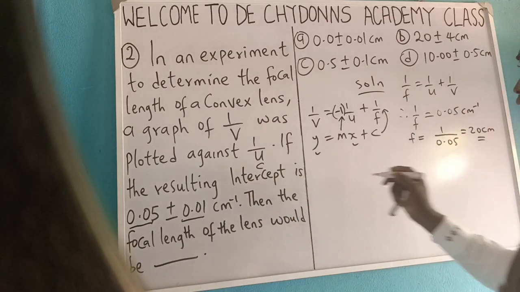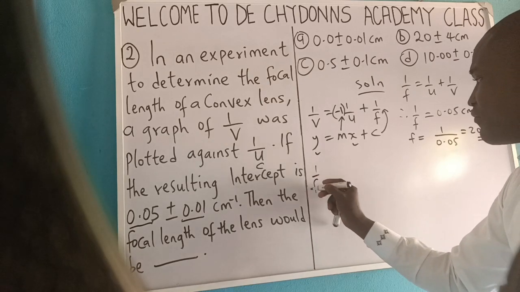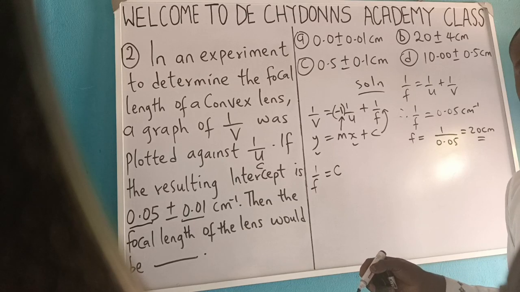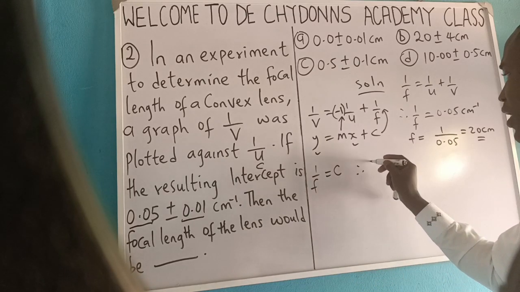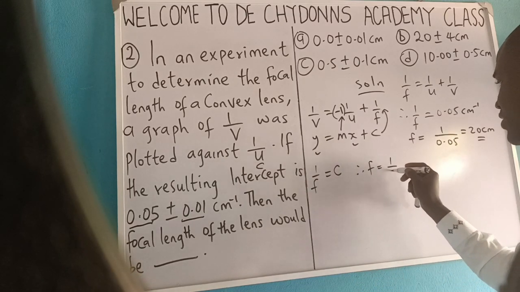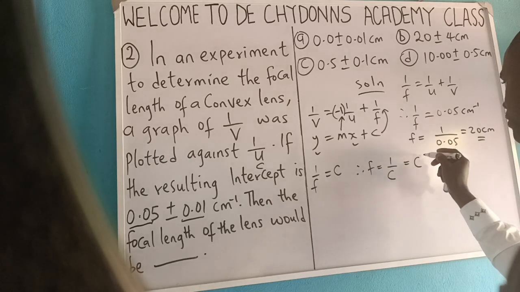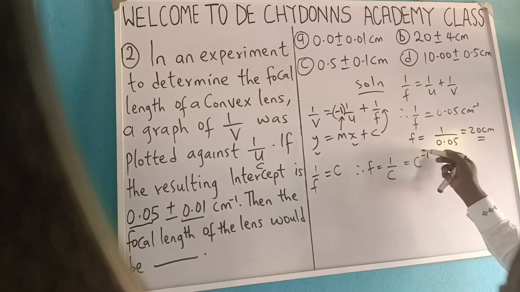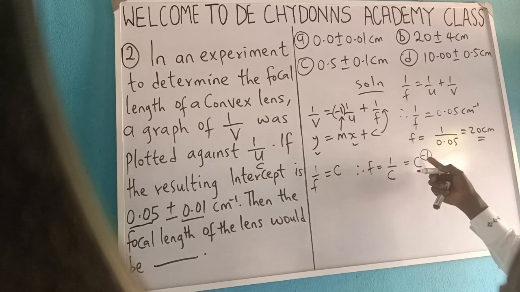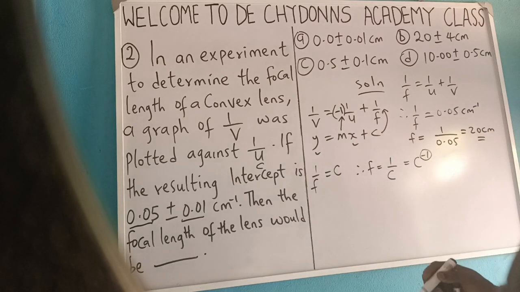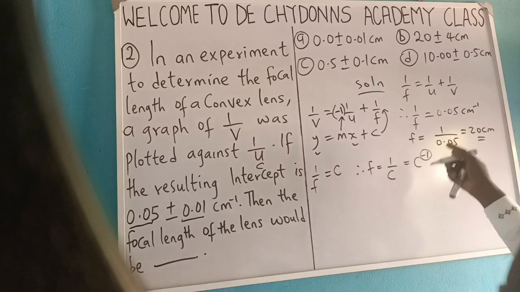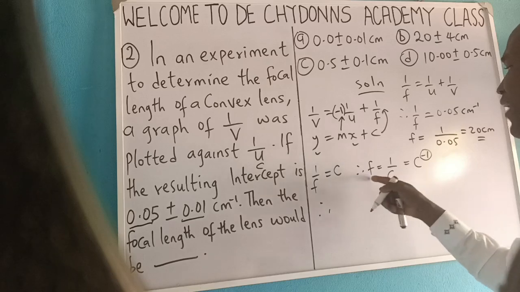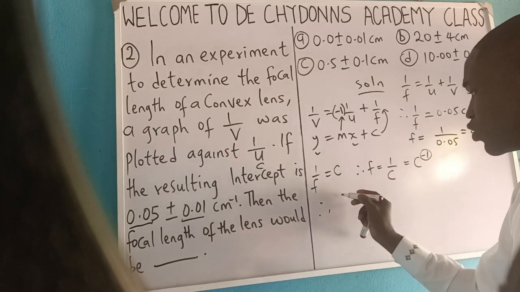So we will tell them that since 1 over f is equal to the intercept c, therefore f will be equal to 1 over c, which equals c raised to power minus 1. You will notice that this c has a power and the power is minus 1, right? To get the error in finding this focal length, you will use this formula.